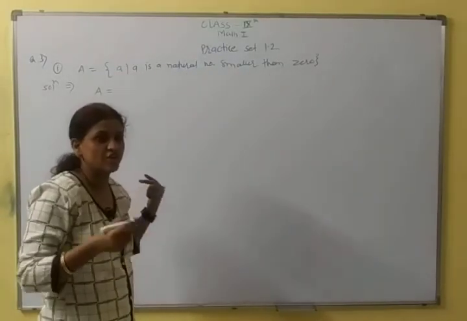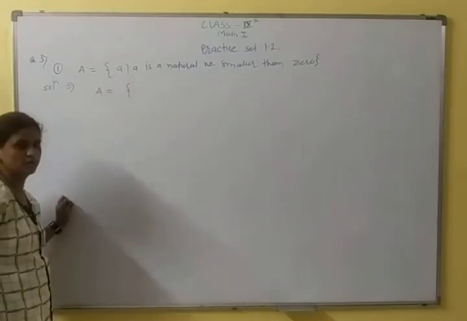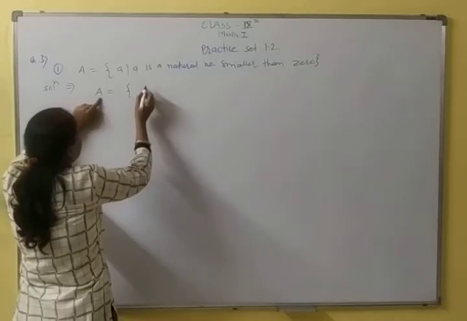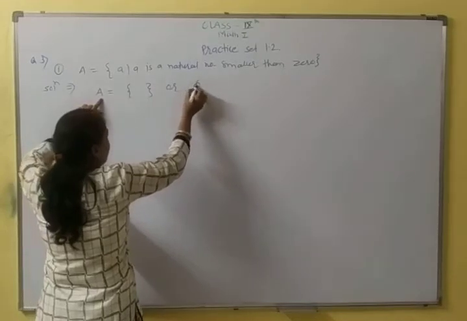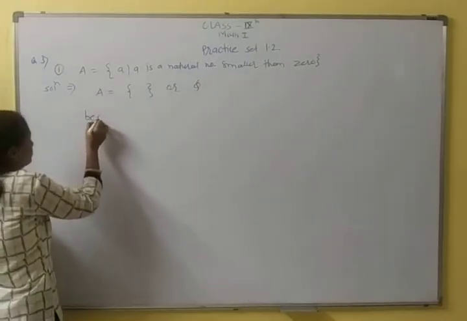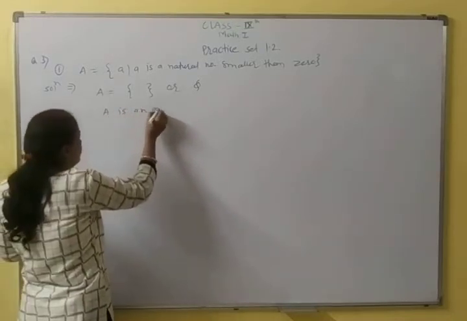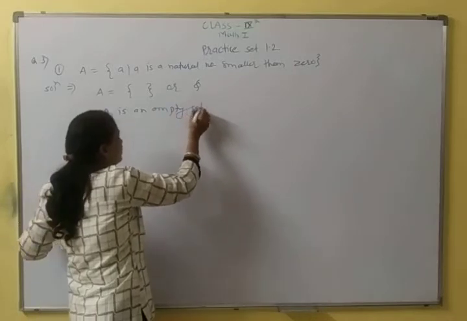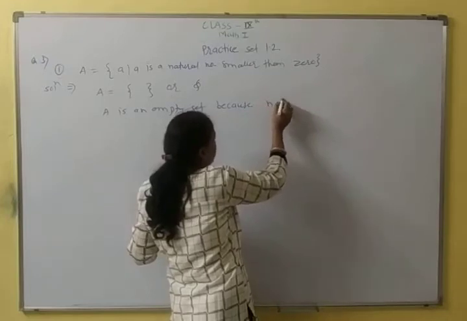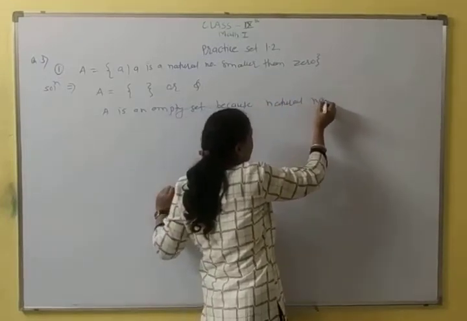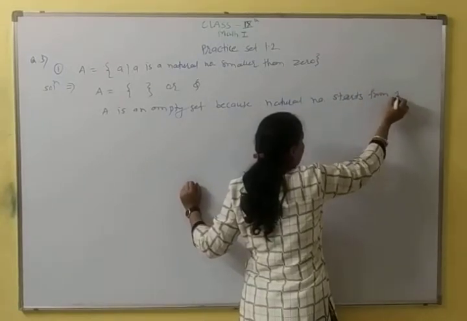Is there a natural number smaller than 0? There is no natural number smaller than 0. So therefore A is an empty set, or phi, because natural numbers start from 1.